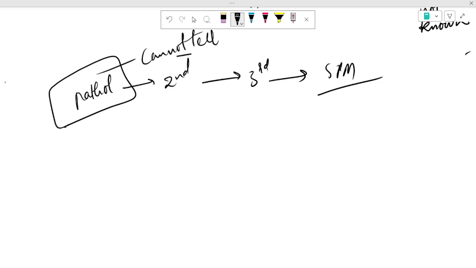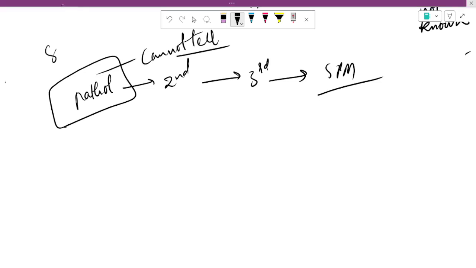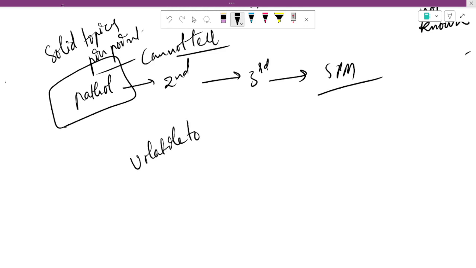Because yes, if you ask me about solid topics, everybody can tell. But if they ask you some very pinpoint topics, you can call them volatile topics, then obviously, even if you have studied recently, 1 year back also, you cannot remember.